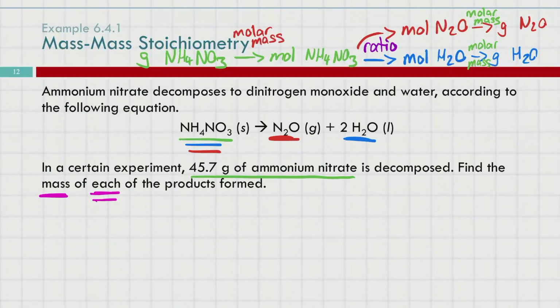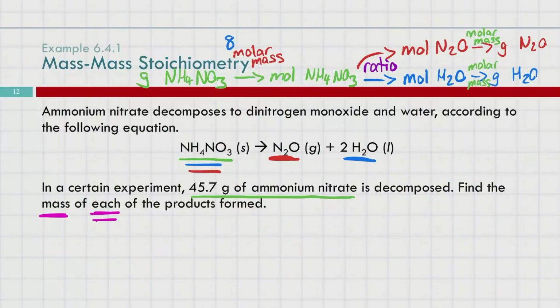So I'm going to start off by calculating molar mass just to get that out of the way. So for ammonium nitrate, we've got 2 nitrogens, we've got 4 hydrogens, we've got 3 oxygens.